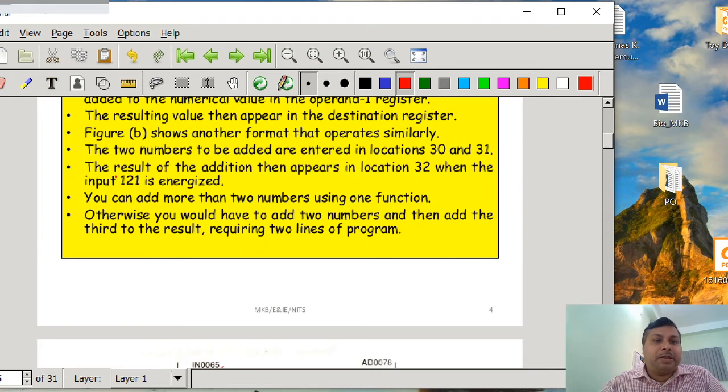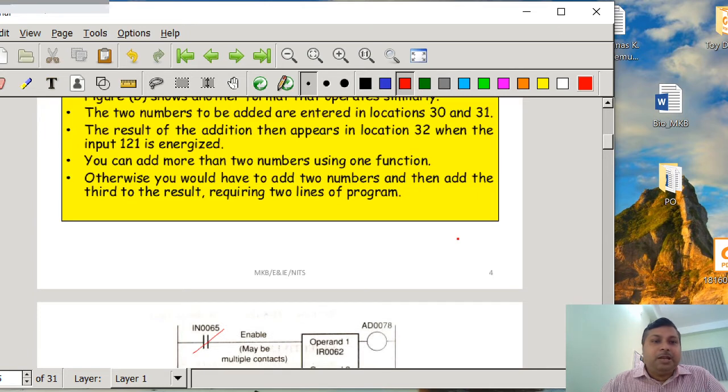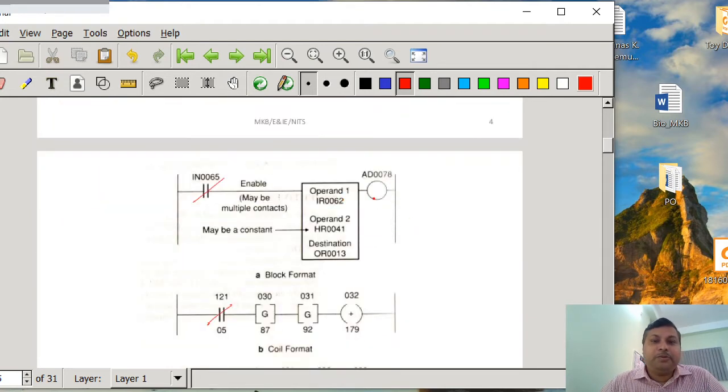Then the result of the addition appears in location 32 when input 1 to 1 is energized, so the result 179 is stored in register 32. You can add more than two numbers using one function. Otherwise you would have to add two numbers and then add the third to the result, requiring two lines of program. So if we want to perform two addition operations, we have to take two blocks.